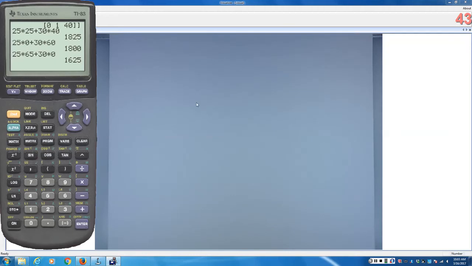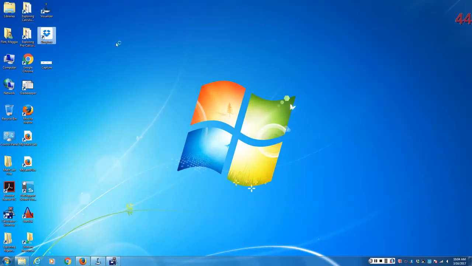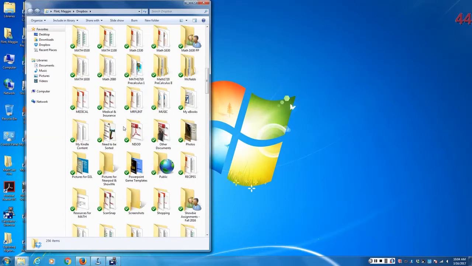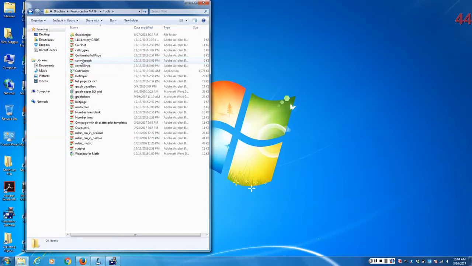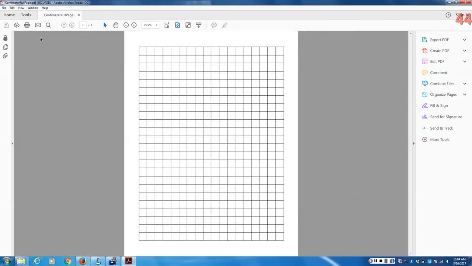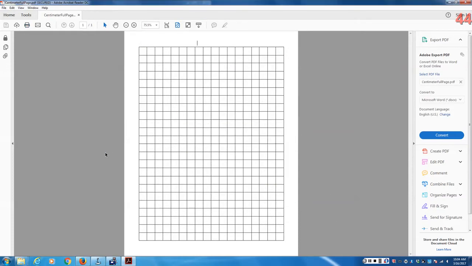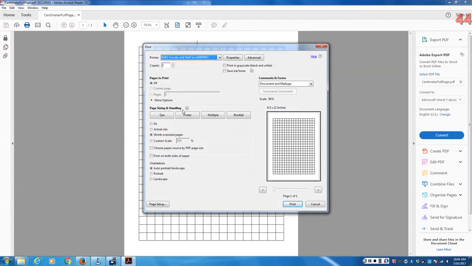And since I'm going to need a piece of graph paper, let me go ahead and print one. Actually, let me print a couple in case we need another one.